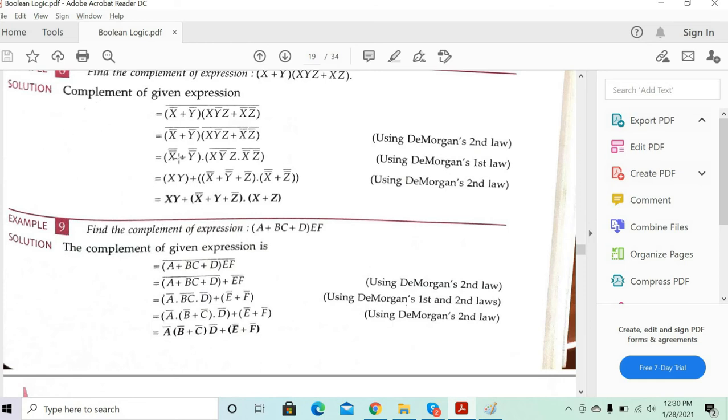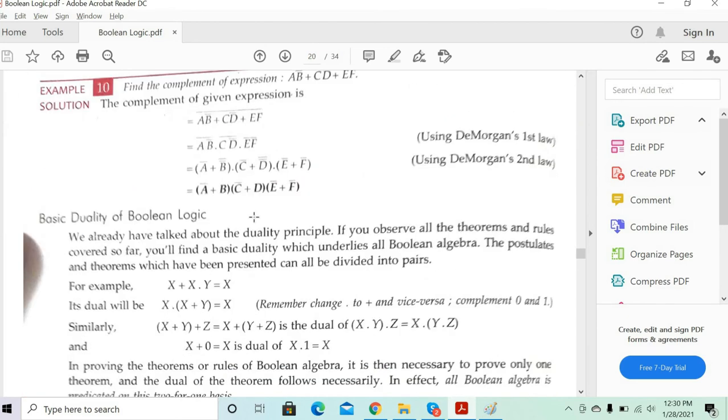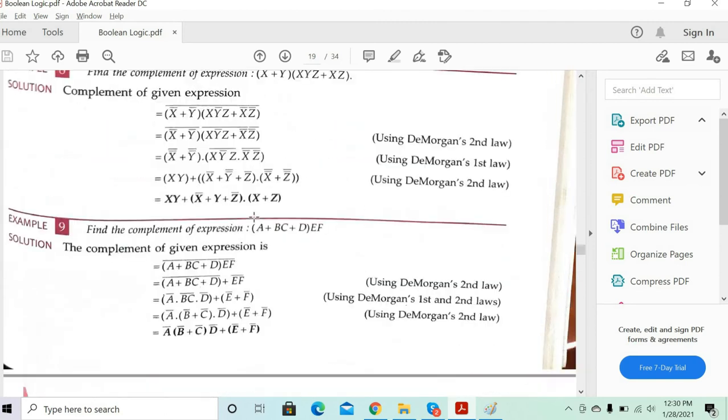Are you getting it, Vijay? Yes, I'm getting it. Excellent. Once you are done with this, then I think we can directly go with the basic duality of the Boolean logic. You can take that as a part of homework also.